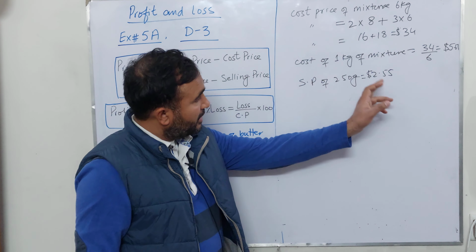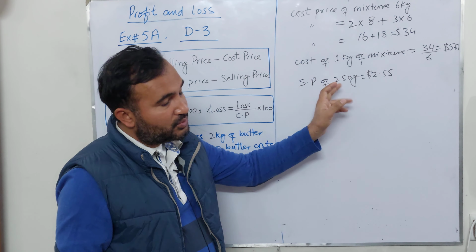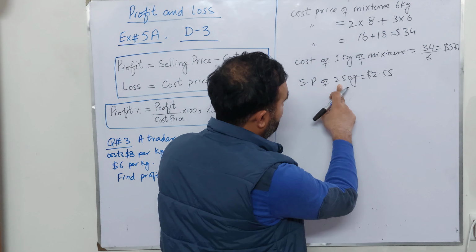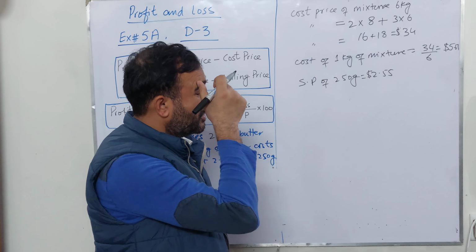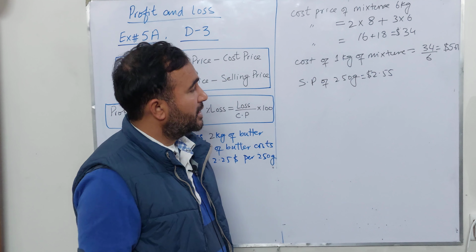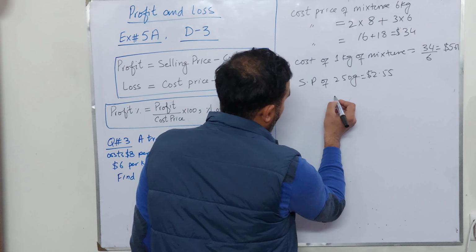Okay, so here our unit is 1 kg, so we have to convert this into kg as well. So what do we need to multiply with 250 to make it 1 kg? Because there are 1000 gram in 1 kg, so if we multiply this 250 by 4, we will get 1 kg. So multiplying both sides by 4, okay?